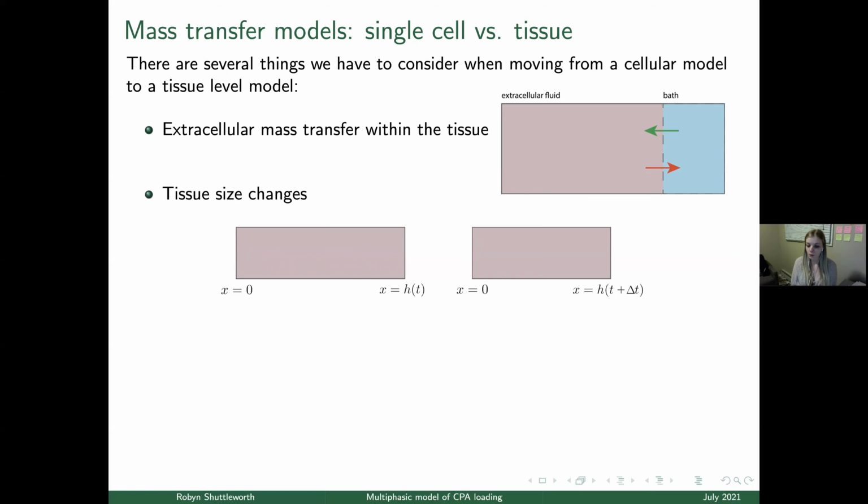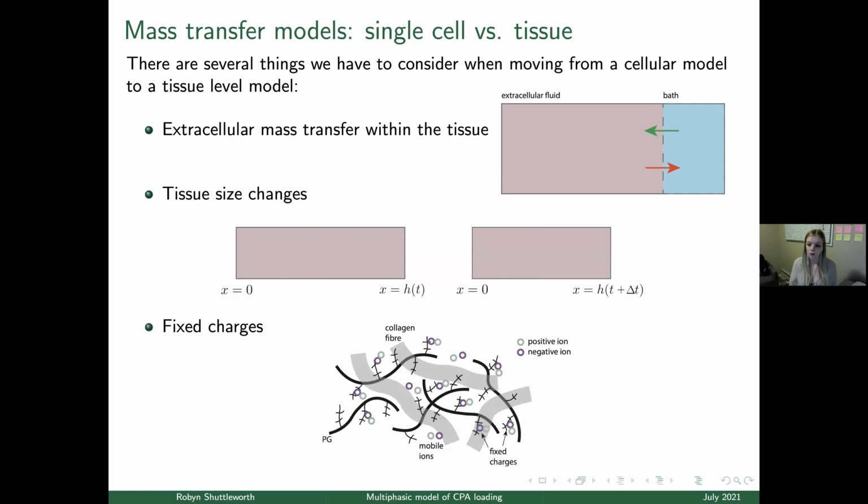The last thing we want to consider are fixed charges. Fixed charges are these positive ions that are captured within the fluid phase of the tissue. And they're captured here by these fixed negatively charged ions on the proteoglycans.